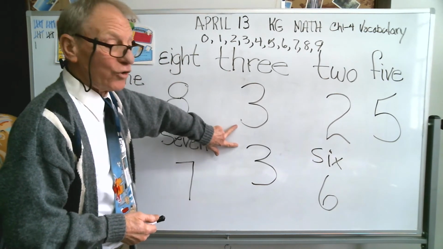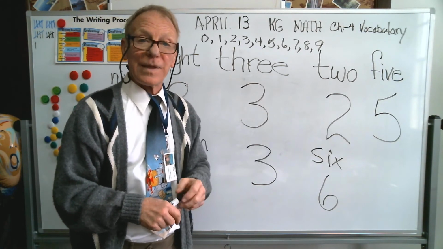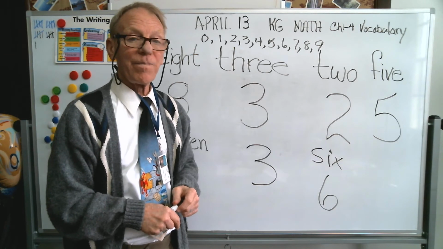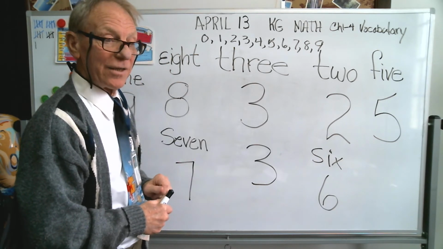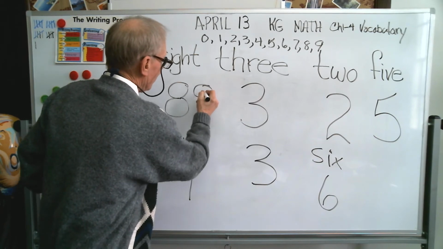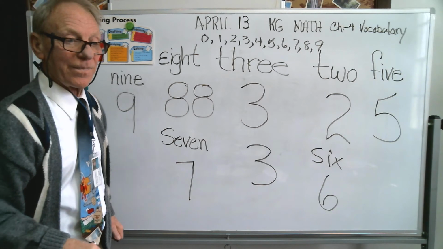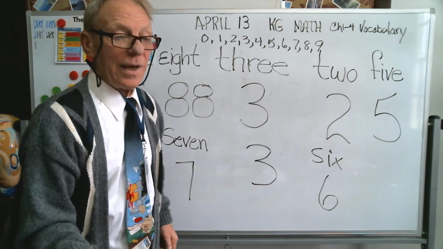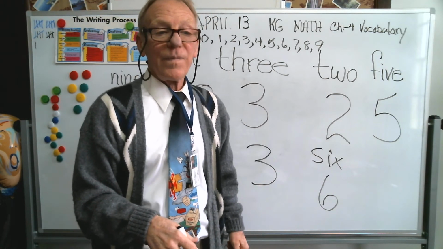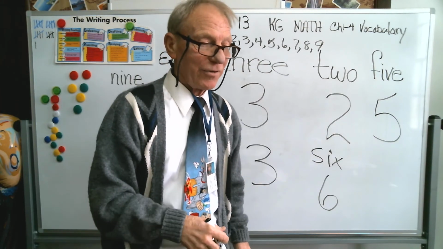And 2 numbers that match, that's a pair of numbers. So we have a pair of 3's, and if I was to make another 8, we would have a pair of 8's. And a pair of 3's and a pair of 8's will be 2 of a kind. Never mind, you'll figure that out later.